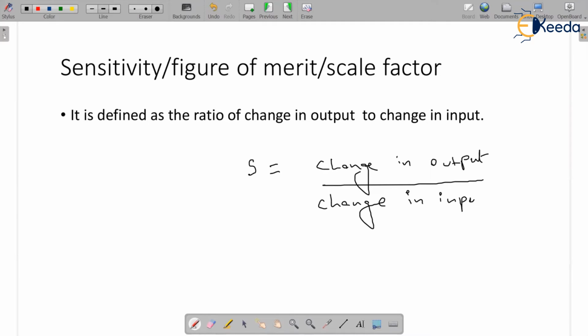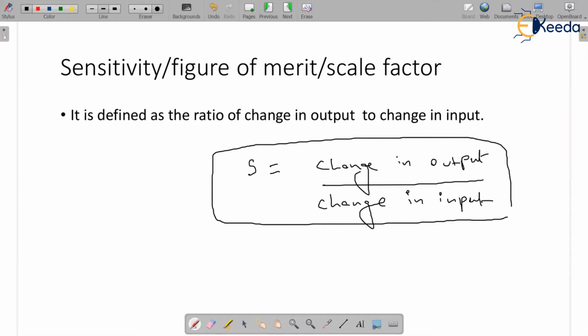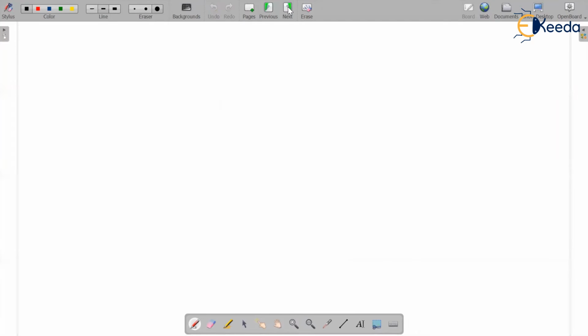So S is equal to change in deflection angle by change in current.